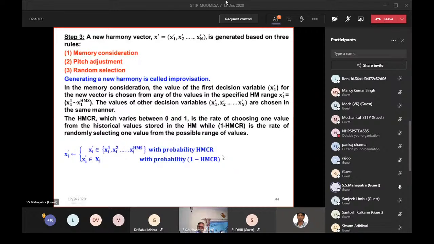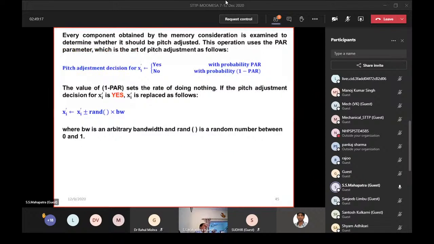Now, once a value is chosen from that column for a new x1 value or xi prime from the xi column, if it is chosen with the probability HMCR, or a new value with the probability 1 minus HMCR, this will be either pitch adjusted or not.